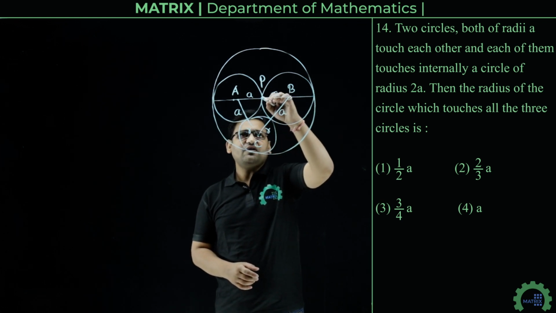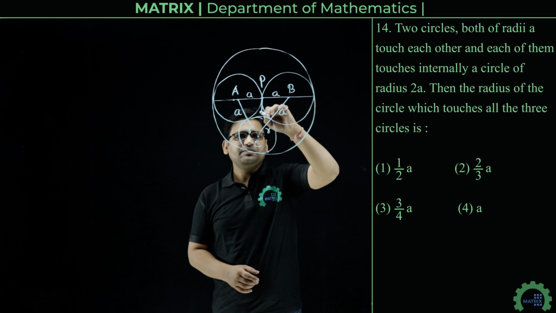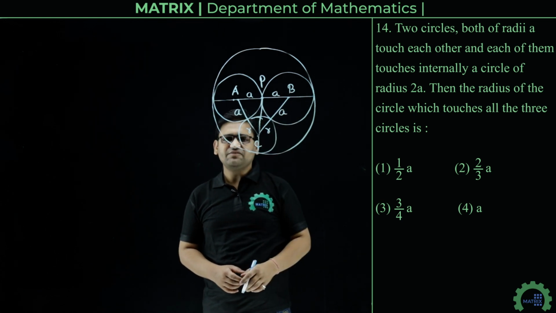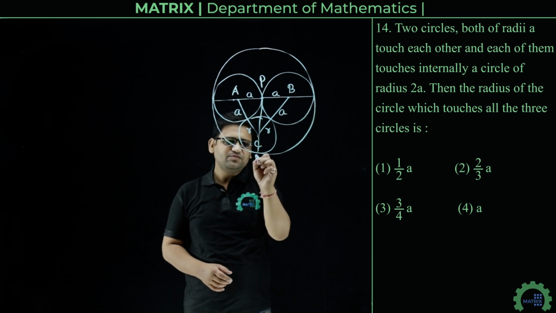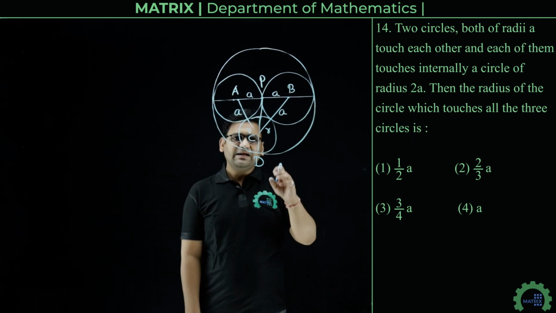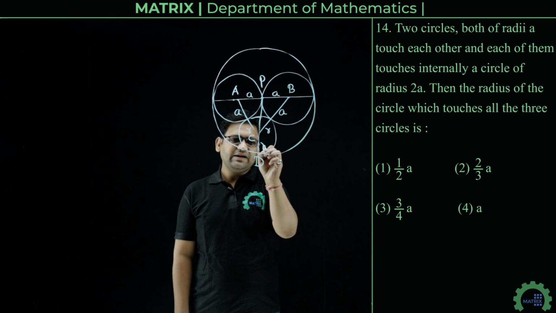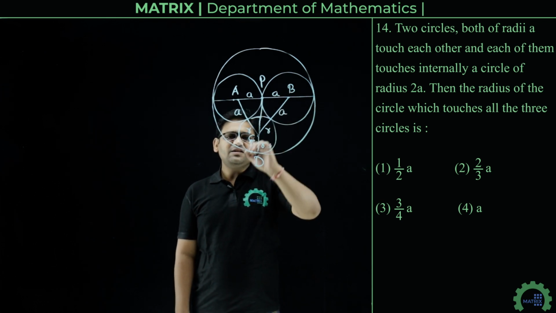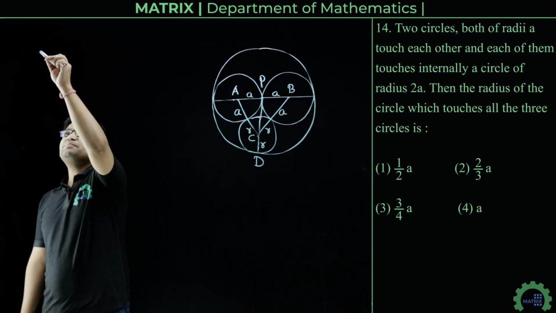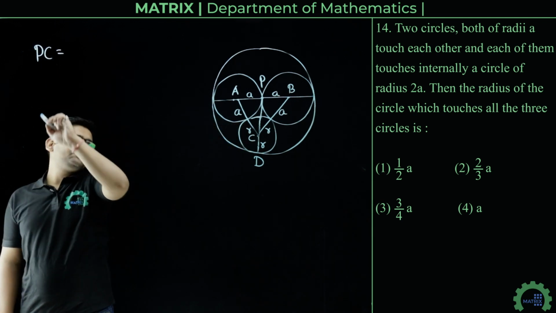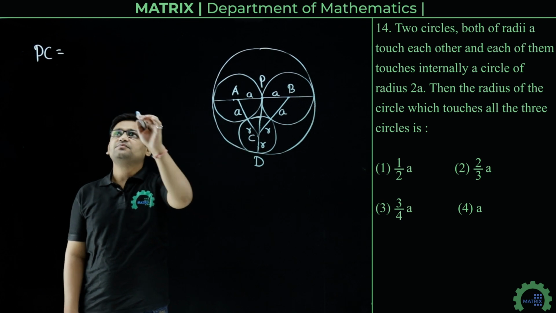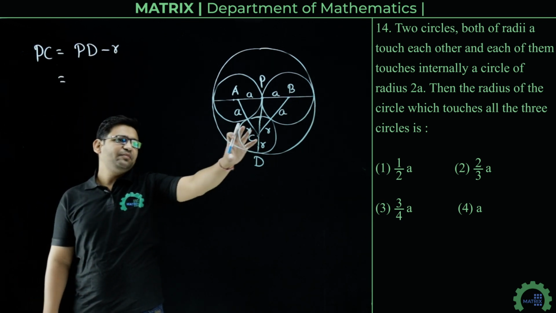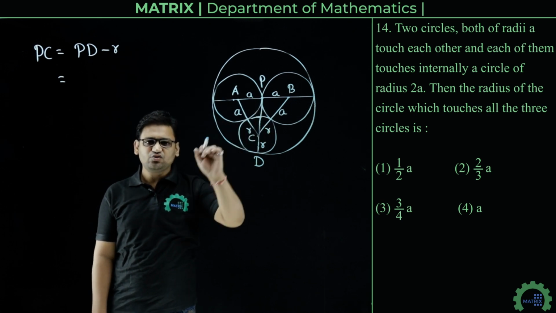So to find the value of r, join PC and extend it up to the circumference of the bigger circle. Let's say this point is D. Clearly the length CD will be the radius of the smaller circle, that is r. So we can find the length PC. The length PC will be PD minus r, and the length PD is the radius of the bigger circle, that is 2a.